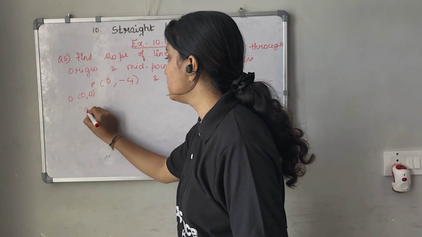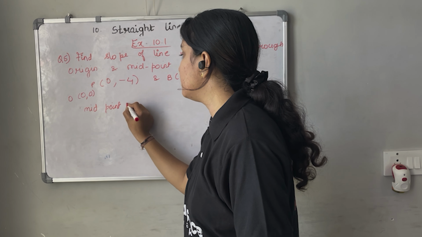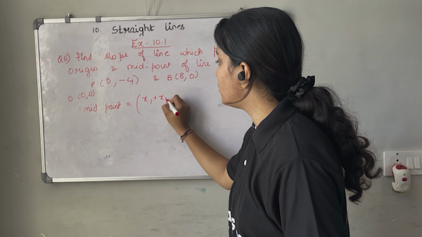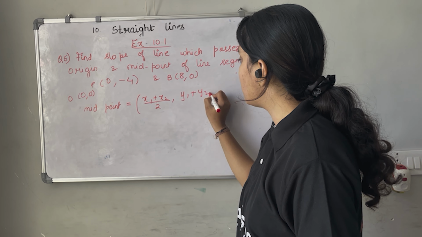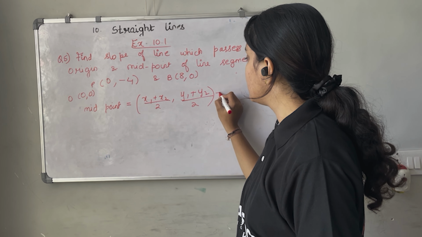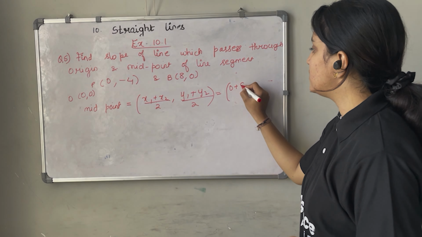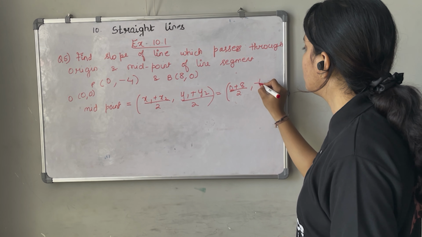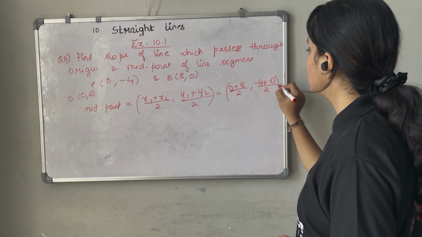The midpoint will be given by (x1 plus x2) upon 2 comma (y1 plus y2) upon 2. Here x1 is 0, so 0 plus 8 upon 2, comma, y1 is minus 4 plus y2 is 0 upon 2.